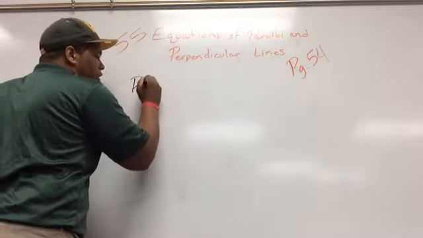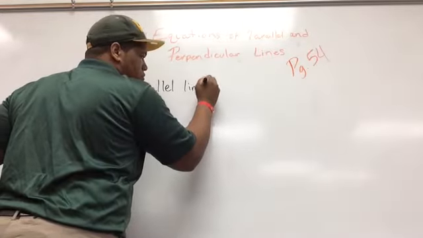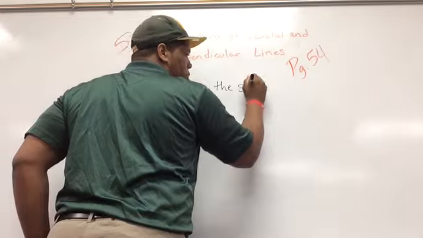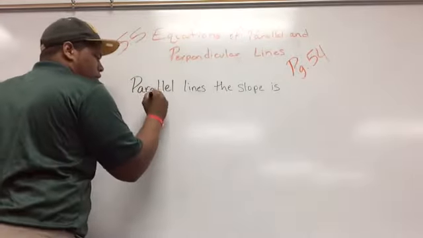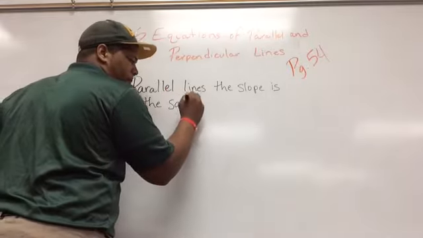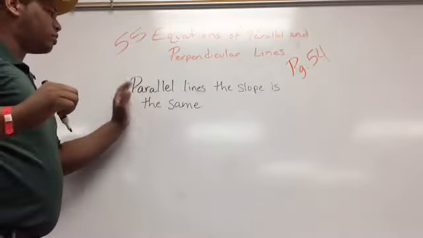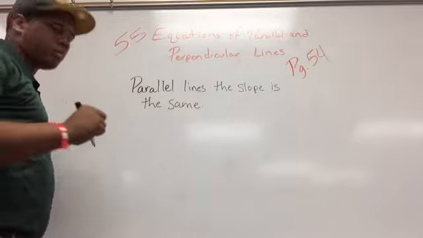So for parallel lines, the slope is the same. So whatever you have for your slope on two different parallel lines is going to be the same.